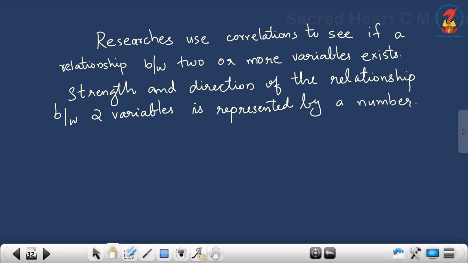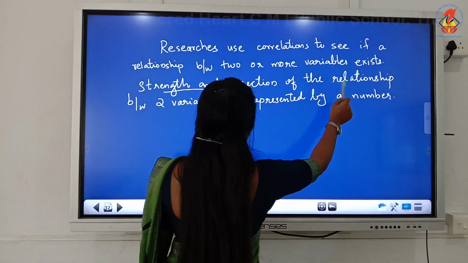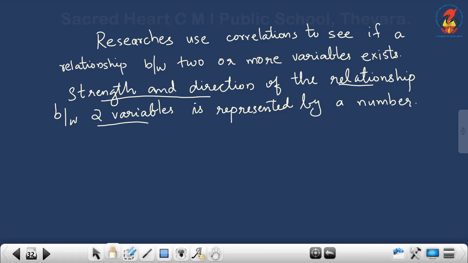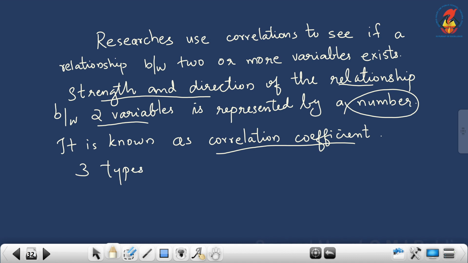It is known as the correlation coefficient.